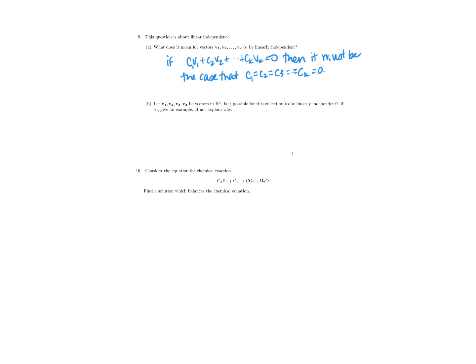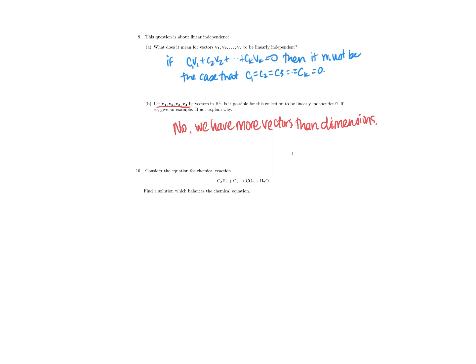So let V1 through V4 be vectors in R3. Is it possible for this collection to be linearly independent? And so the answer is no. Why? Because we have too many vectors. We have 4 vectors in a 3-dimensional space.